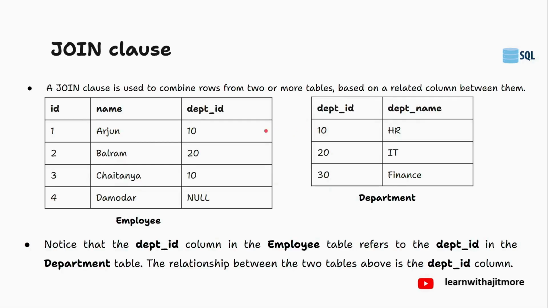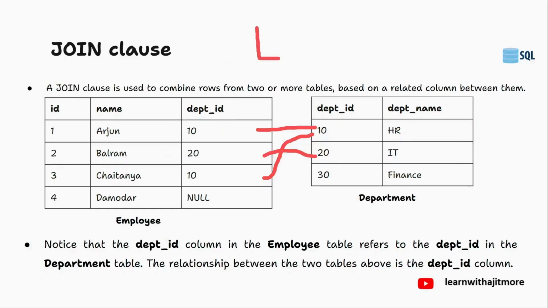Like in this case, inner join will give only these records: 1 Arjun 10, 10 HR, 2 Balram 20, 20 IT, and 3 Chaitanya 10, 10 HR. So inner join will combine the records from the left table and the right table.